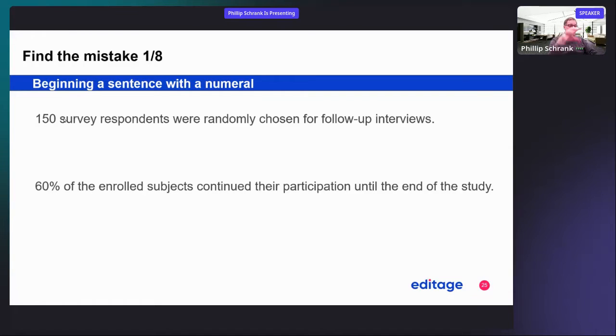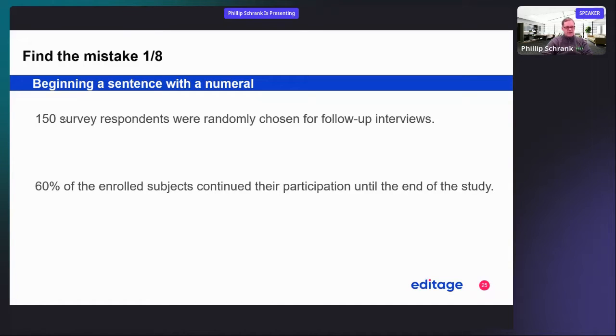I don't remember which journal it was, but they said you don't have to change your sentence as long as the numeral is long enough, right? So again, always pay attention to the specific little rules that a journal might have. But generally, a basic rule that you would want to follow is don't begin a sentence with a numeral.